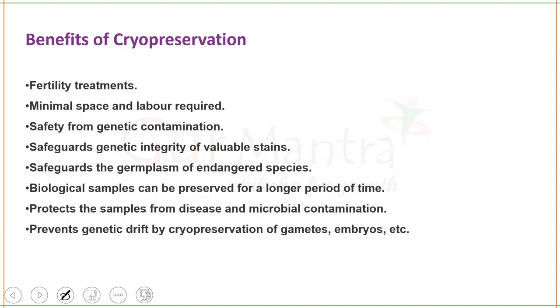So what is the benefit of cryopreservation? First, it is very much used in fertility treatments where the sperm or the ova is stored for a female and a male. When they are ready to have a baby, they can use this sample and conceive. This procedure is called in vitro fertilization.